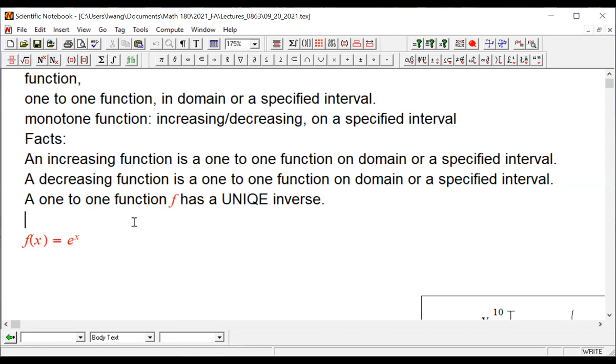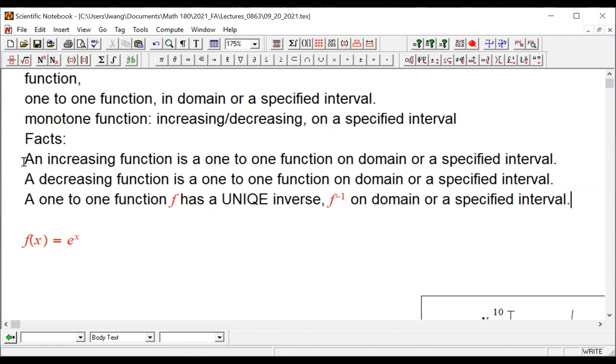So a one-to-one function has a unique inverse, which we call f inverse. This will also be on a domain or a specified interval. So when you say something, you have to tell the reader where this happens and what it is.